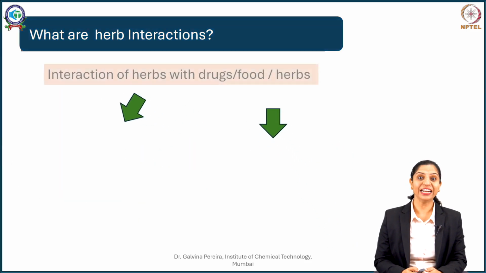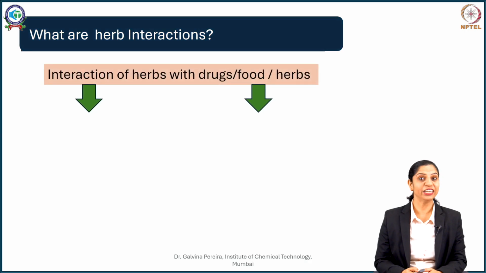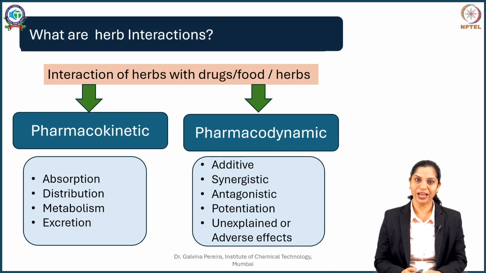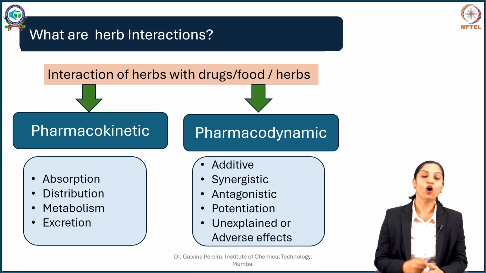Grossly, herb drug interactions were broadly divided into two categories called pharmacokinetic effects and pharmacodynamic effects. Just to brush you up, pharmacokinetic effects are the effects which alter the ADME, or absorption, distribution, metabolism as well as excretion.